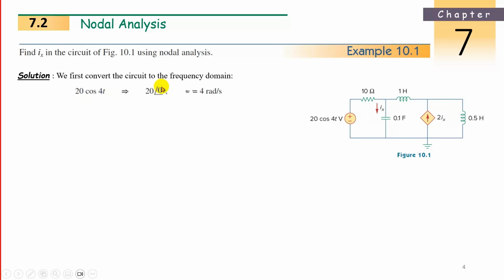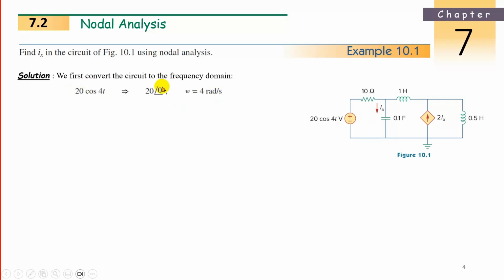That degree will come here in the frequency domain: 20 at an angle 0 degrees. Now in this 20 cos 4t, what is omega? Cos omega t, omega is nothing but 4. So omega is 4 radians per second.